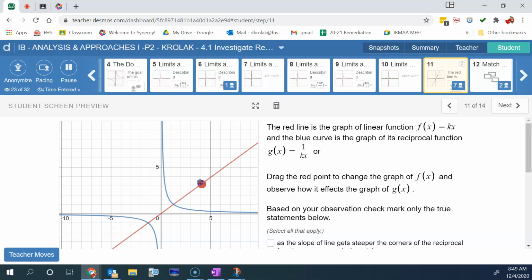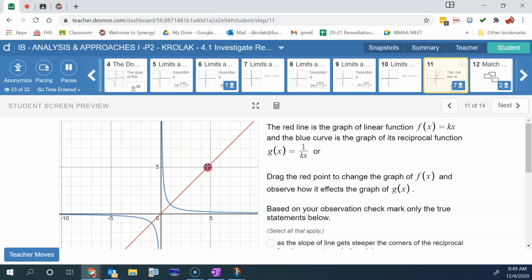Now, look at the blue graph. Here's the mother blue graph, that's the blue graph 1 over x. Now, when I make this steeper, am I vertically stretching the blue graph or vertically squeezing it? This movement right here, if you watch, the blue graph is getting vertically squeezed.